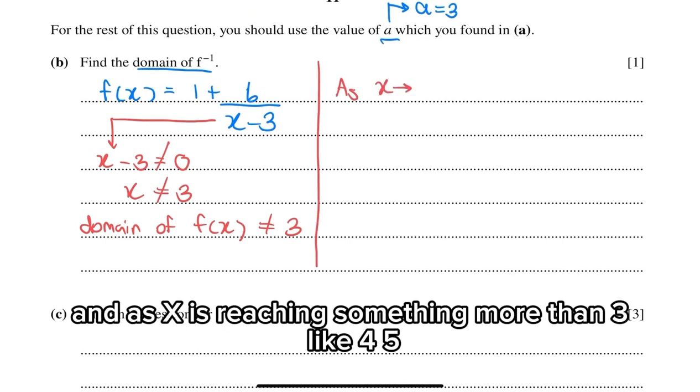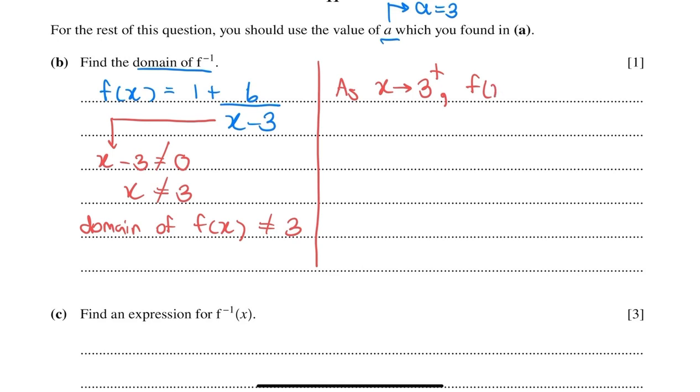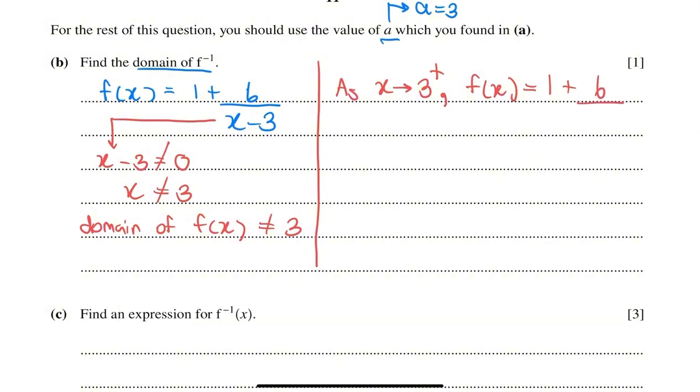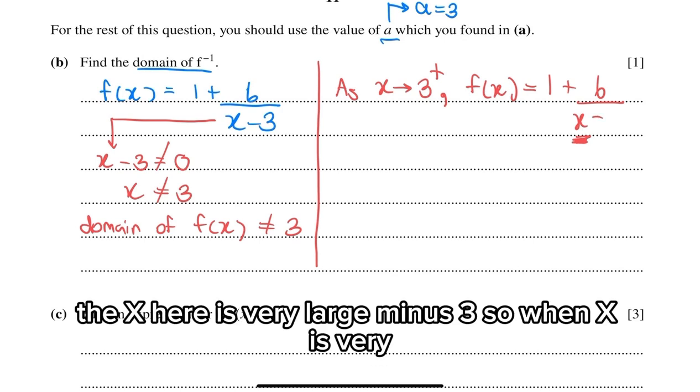And as x is reaching something more than 3, like 4, 5, 6, 7, 8, whatever, to infinity, we know that the function is then equal to 1 plus 6 over something very large. The x here is very large, minus 3.